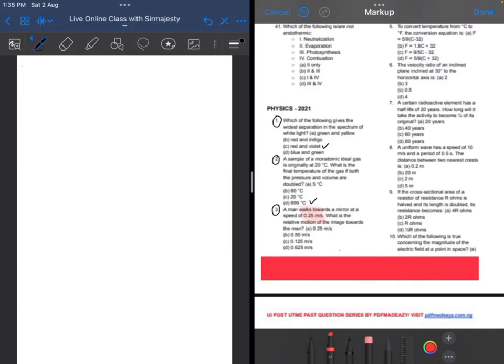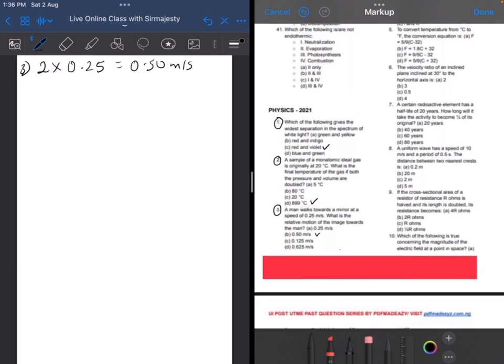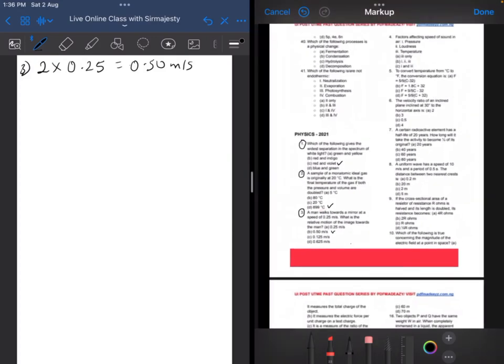Therefore, the relative motion of the image towards the man will be 2 times 0.25, which is 0.50 meters per second, which is option B. So we'll be going over to number 4.